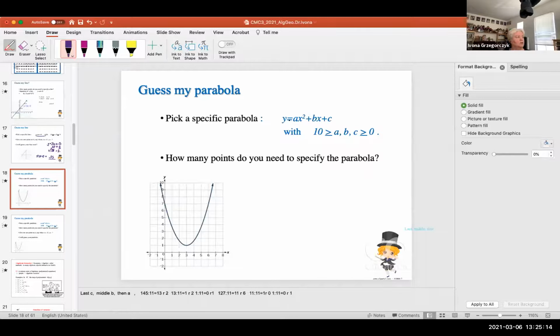But for a parabola, what do you report to me? Well, whatever you have here: a times 11 squared plus b times 11, plus c. See what it is? This is the number you give me, you give me a y. So what do I do? I divide it by 11. When I divide it by 11, I get c at once, because the other terms are divisible by 11.